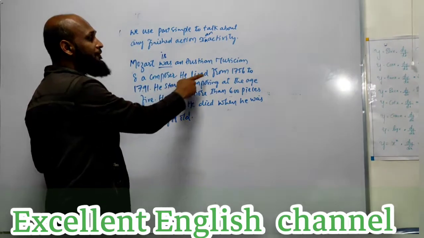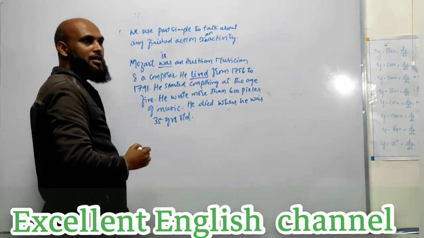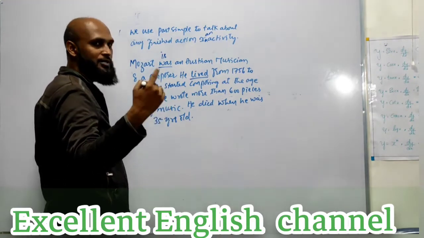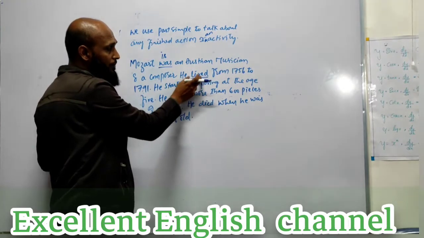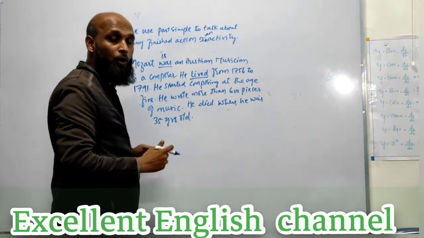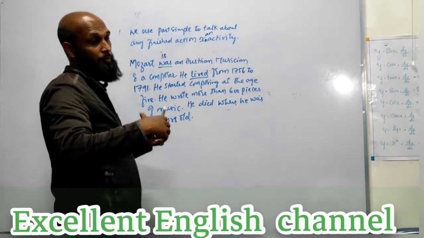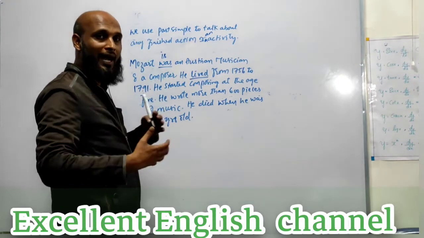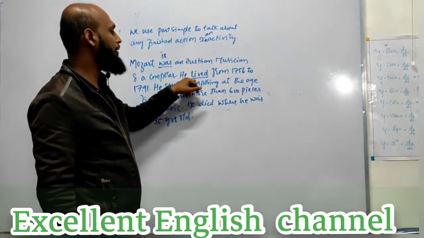Alright? He lived. Now the word lived is a past form. Lived, and the past participle form is lived again. So he lived. You see that because of the main verb already being there, which is taking care of both things, the past event as well as the kind of action that took place, we don't need any helping verb here.